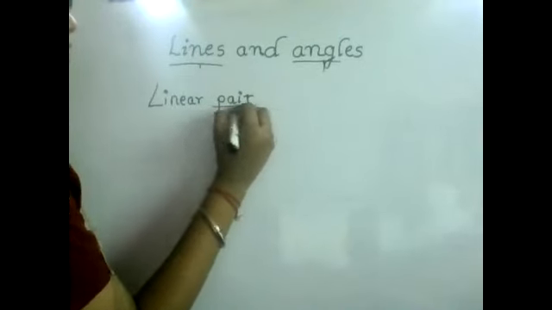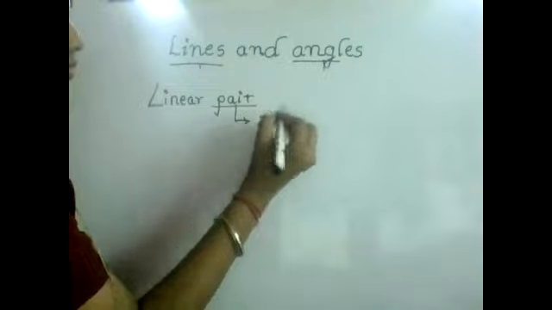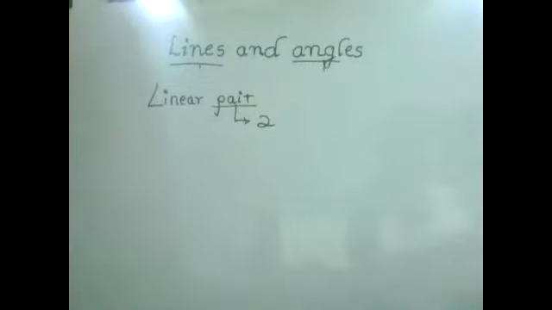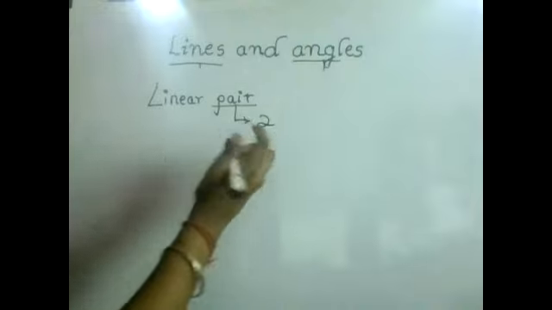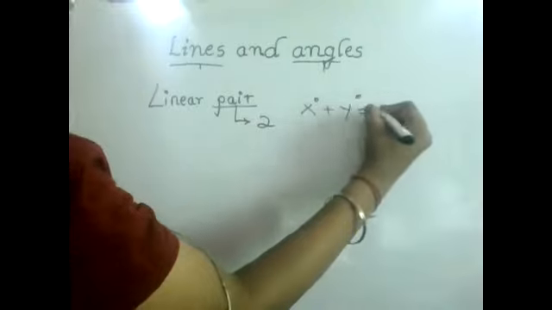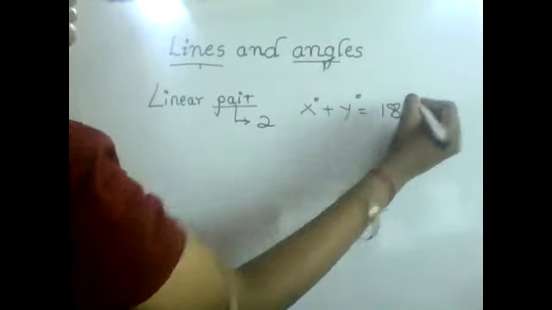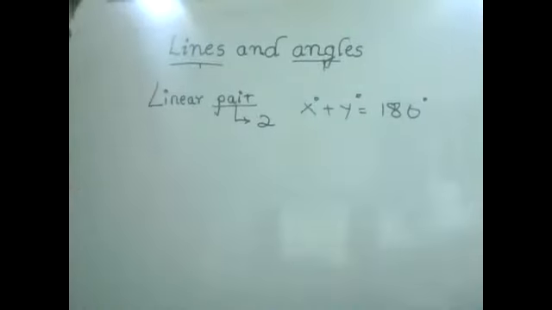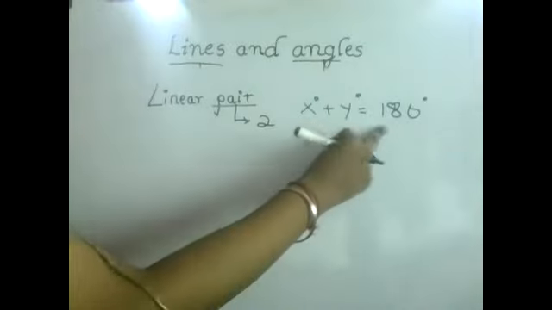From the word pair itself, we can say two. So what is a linear pair? The sum of the two angles is equal to 180 degrees, and they are adjacent. The first condition is that the sum of the two angles is 180 degrees.